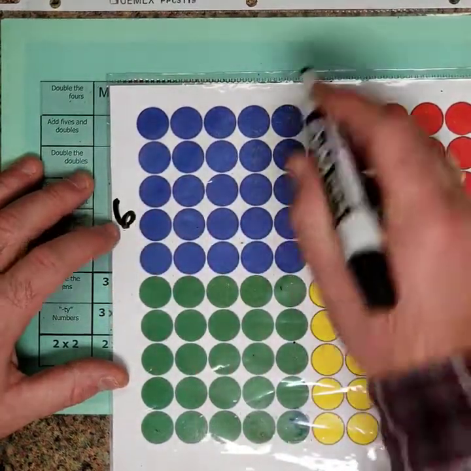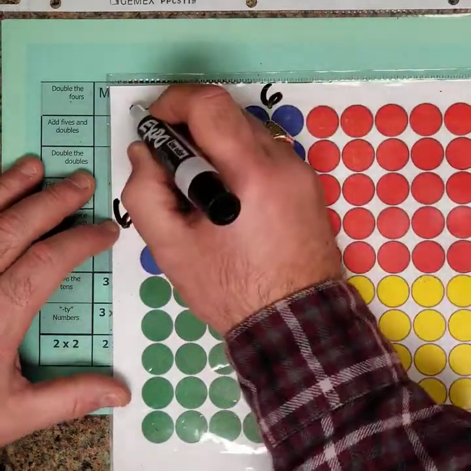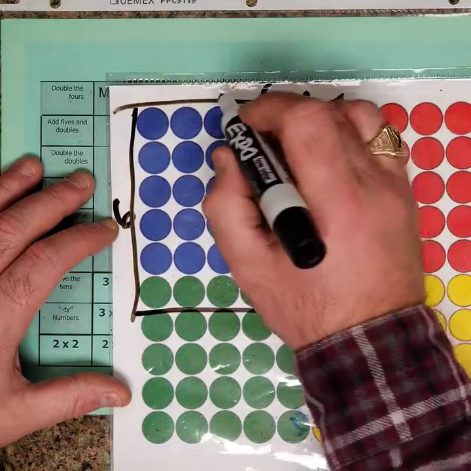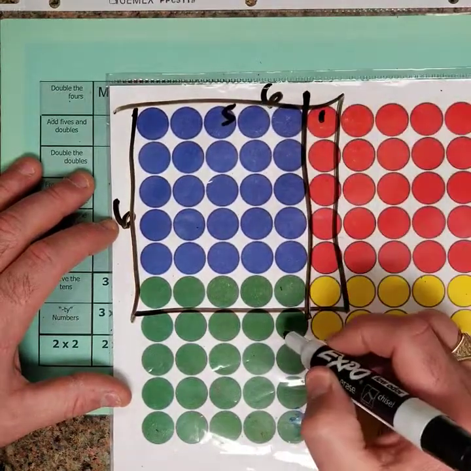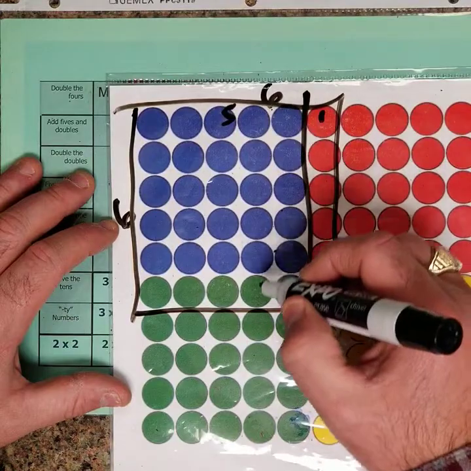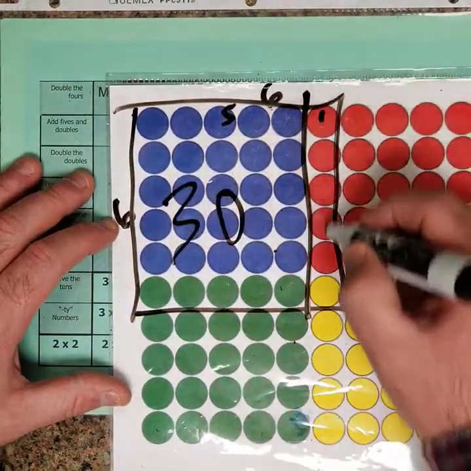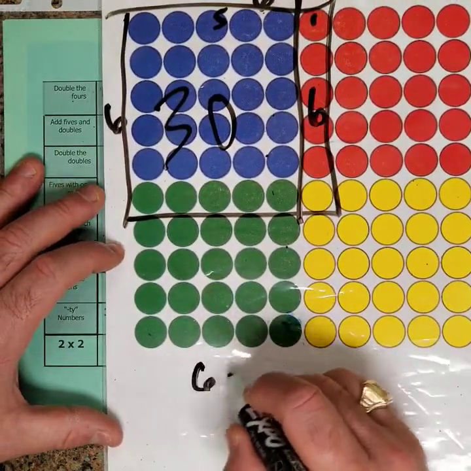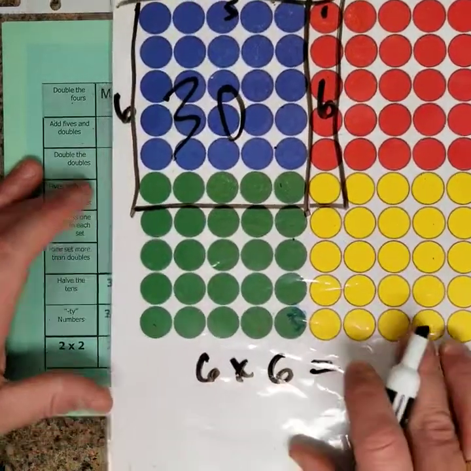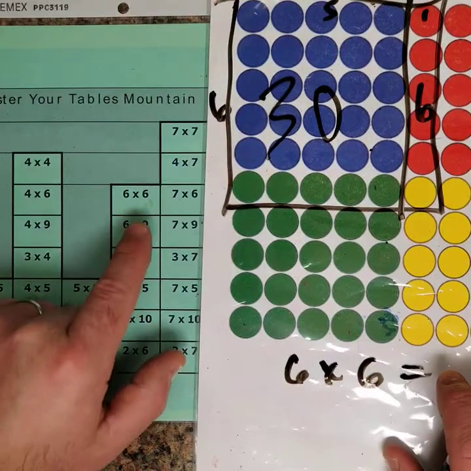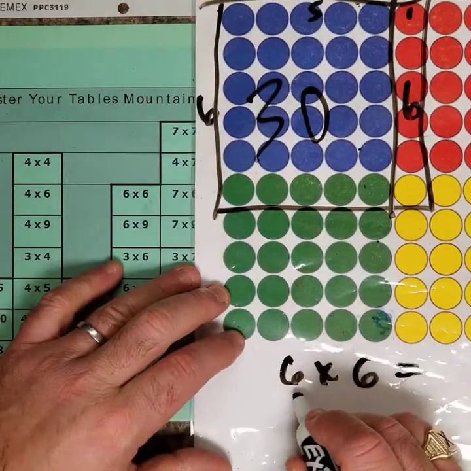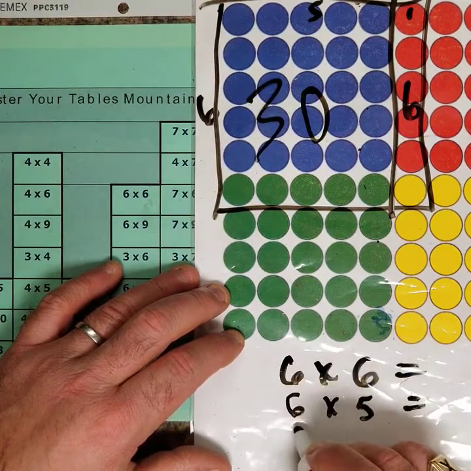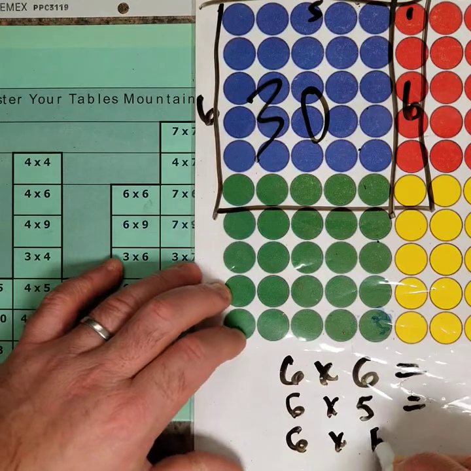6 groups of 6 would be getting the 5s and 1 more. 5, 10, 15, 20, 25, 30. Plus 6. 6 groups of 6 is just like getting 6 groups of 5 plus 6 groups of 1.